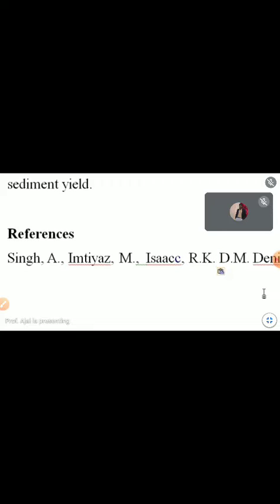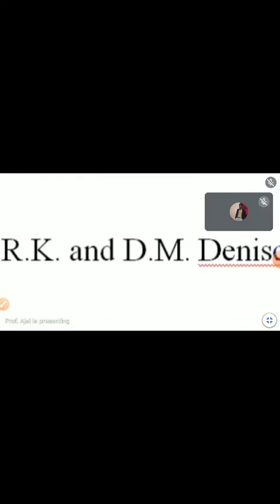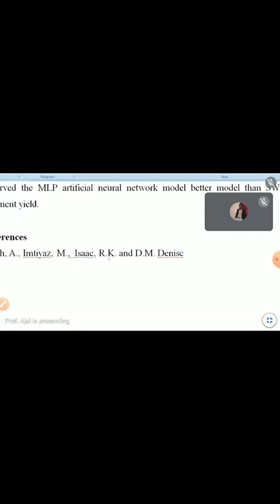And now DM Dennis is the last author, so I will be writing 'and'. You just see, before 'and' I have not put a comma here. So this indicates that this is the last author. Here I have put the comma. Okay, so Isaac, comma, R dot K dot, and.